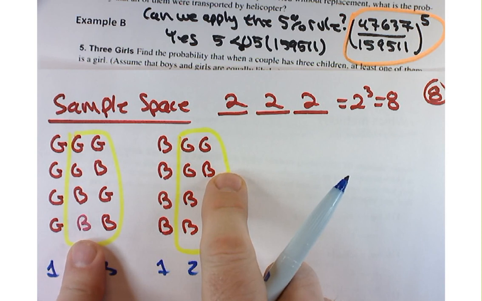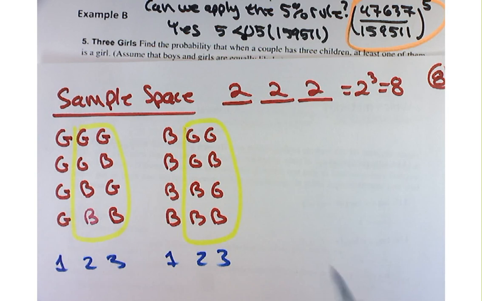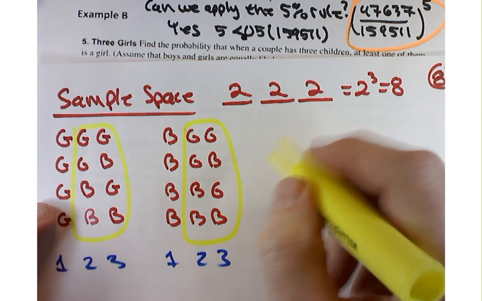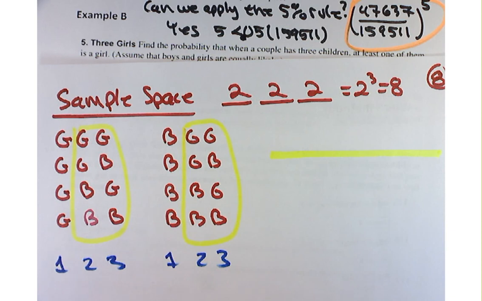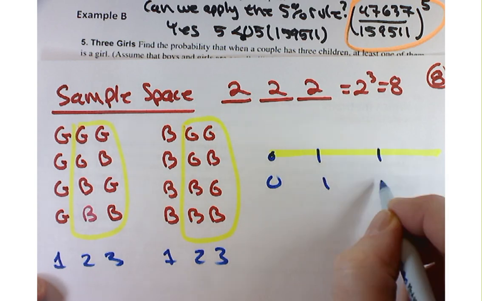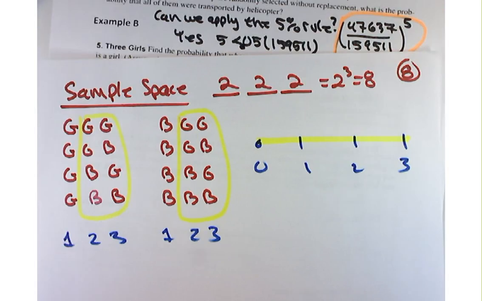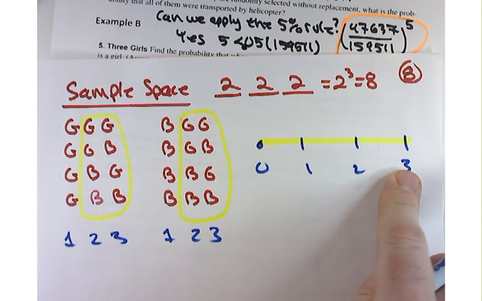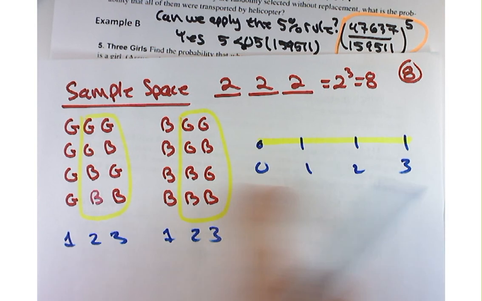They're different events. I mean, these are different things that can happen. Now, I understand what you're saying, and I'm going to get to that in a second. If, as the mom and dad, you're looking at this as the number of girls and just saying, all right, well, I could either get 0, 1, 2, or 3 girls, I wouldn't argue with you. But this is no longer the sample space, because these events are not simple events.